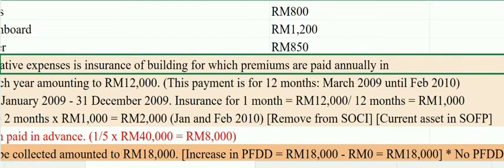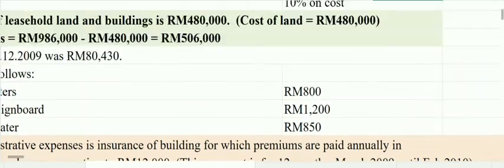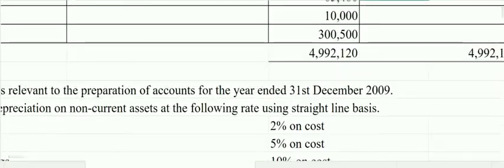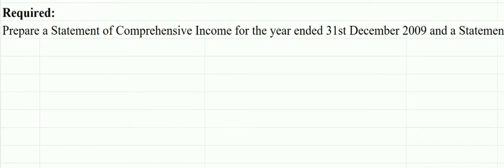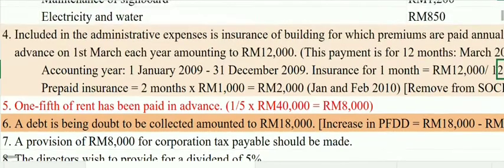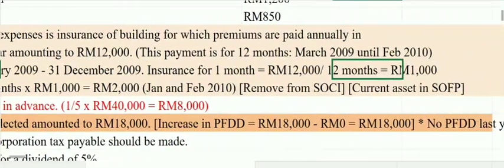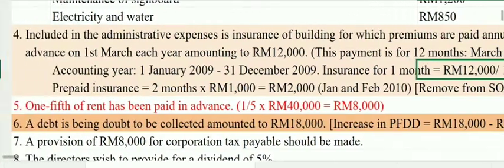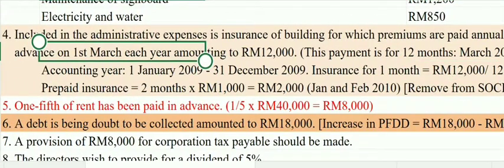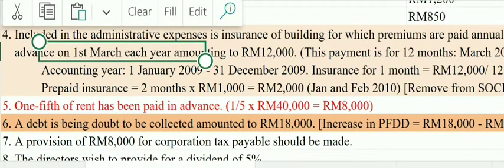Okay. Here, let's look at the question. The question asks us to prepare the SOCI for the year ended 31st December 2009. However, okay, if we check the additional information, the payment is on March. The first payment is March.